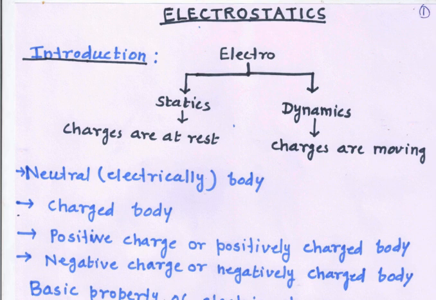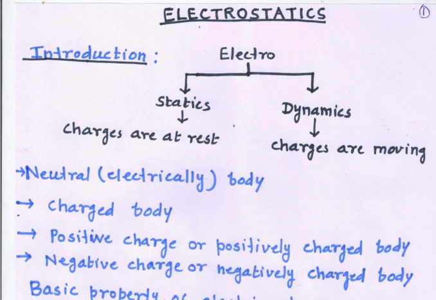But if by any method the electrons are removed from or added to the material body, then the balance between the number of protons and the number of electrons is disturbed. The number of electrons either exceeds or is less than the number of protons in the nucleus. Then the body is said to be a charged body.